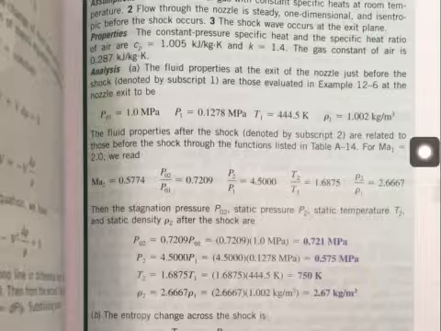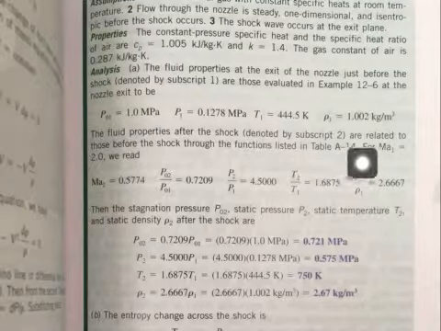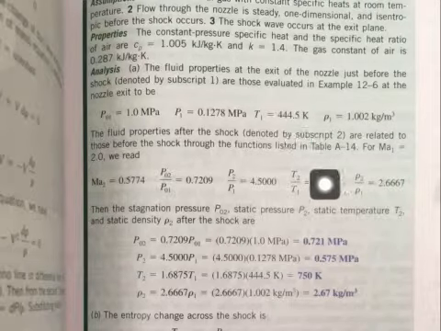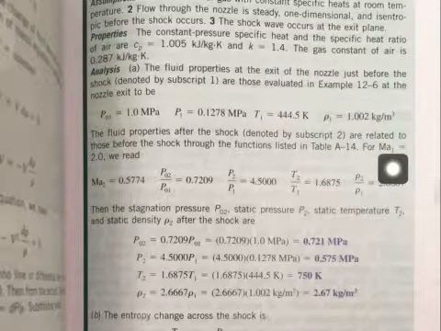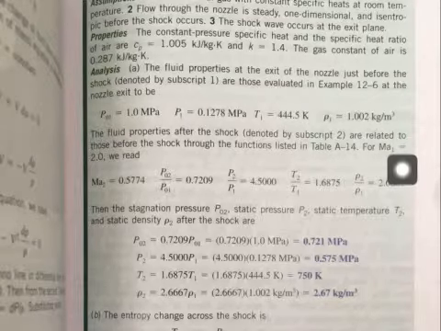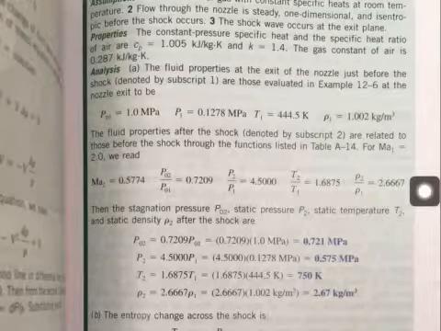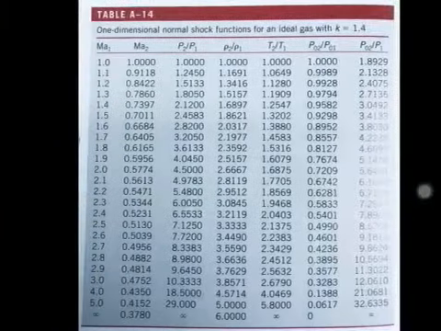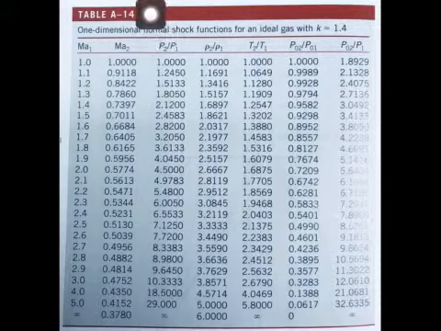Now, to calculate the value of pressure, temperature, density, etc. after the shock, we use Table A14, for Mach number 1 at position 1 equal to 2. So what is Table A14? We go to this table.